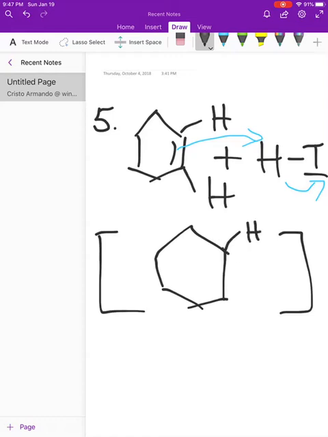So this could have the two hydrogens. This could have the single hydrogen and then the plus charge. And then in this case, the iodine would add right here.